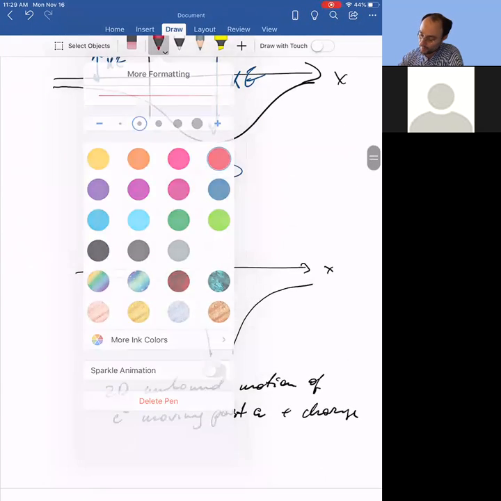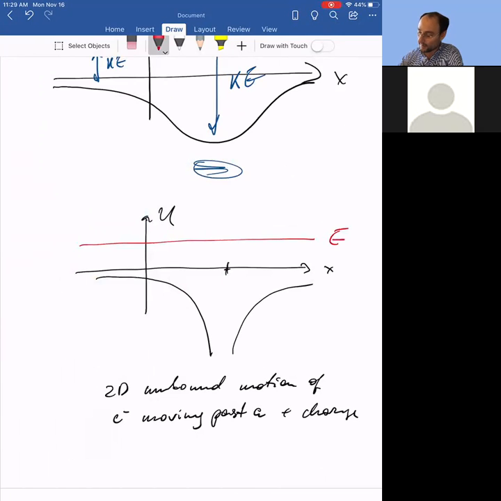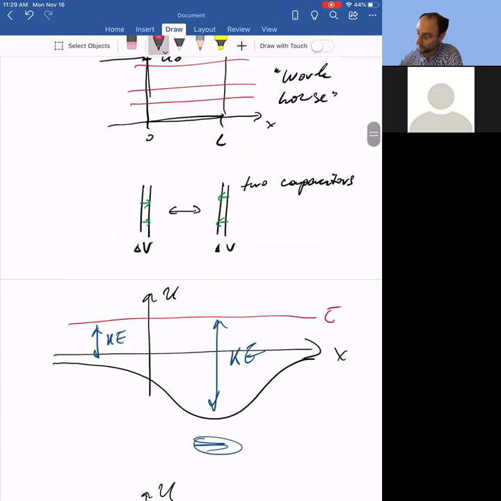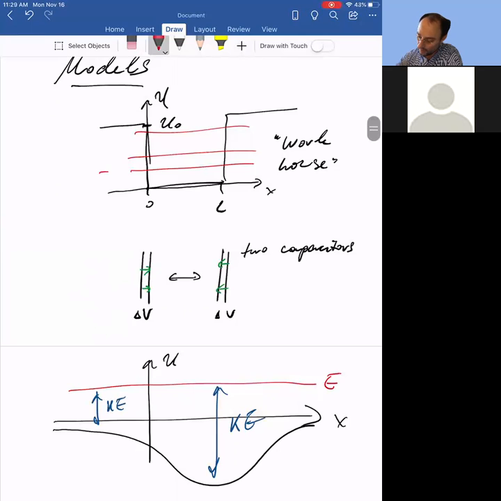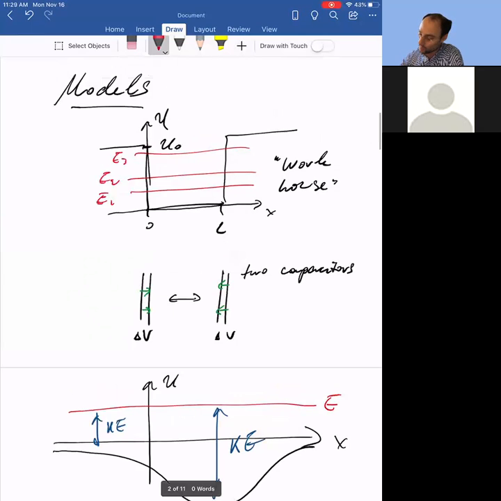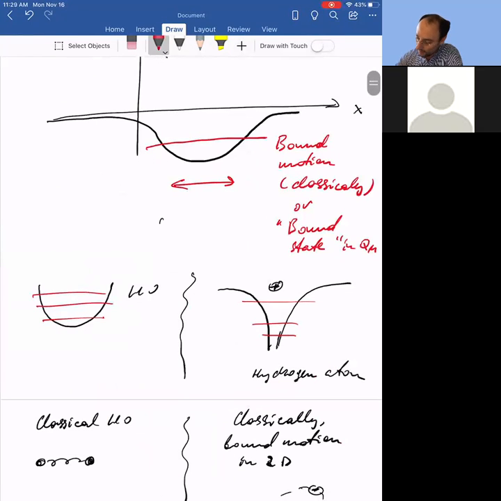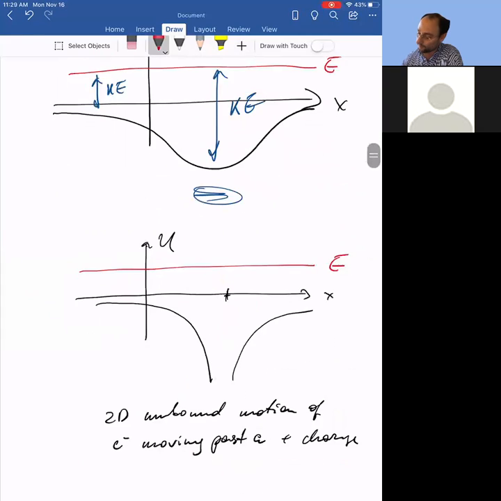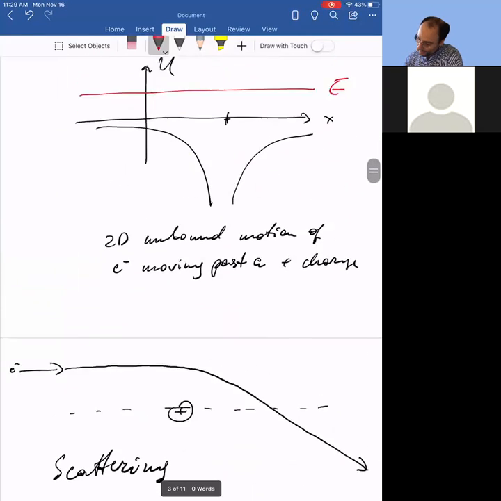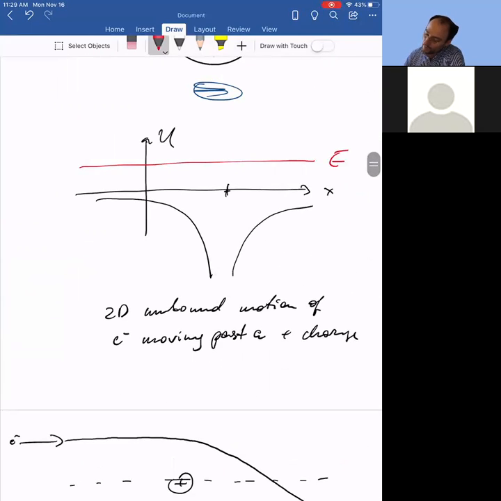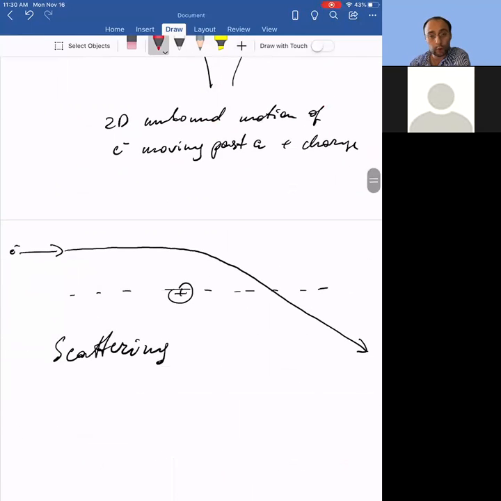So this corresponds to this. So this is energy. By the way, the red are energies, right? So these are all E1, E2, E3. I'm so used to using red for energies that I didn't label it. Right? So if you have a potential energy like this, if you have a negative charge in the vicinity, moving past the positive charge, in 2D it would look like this.